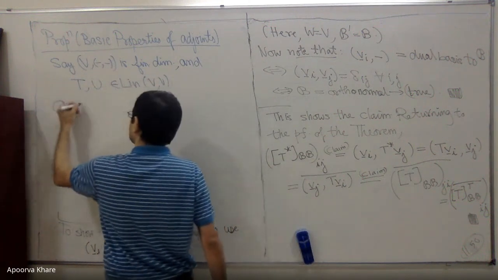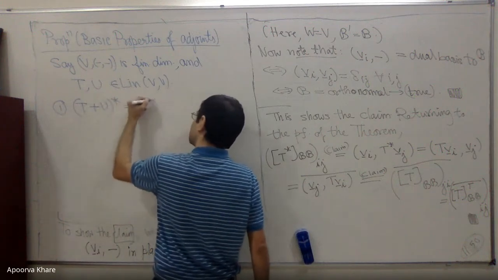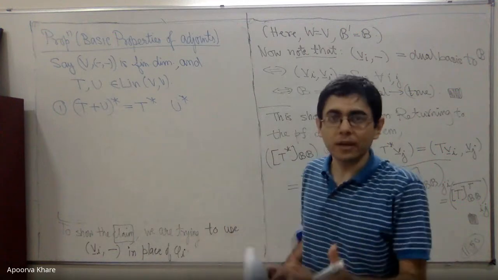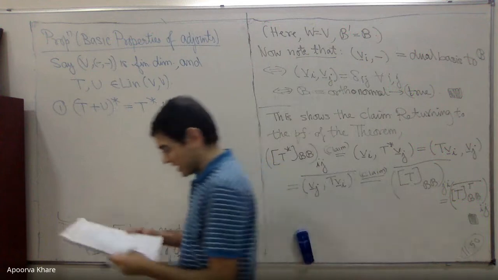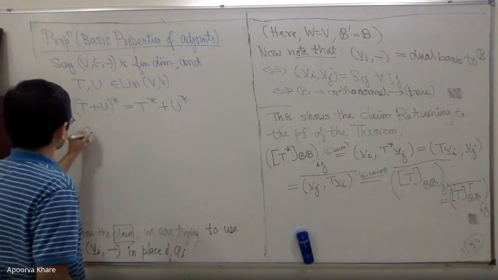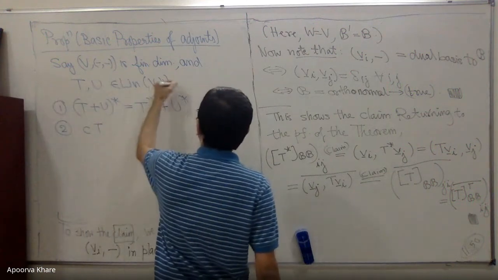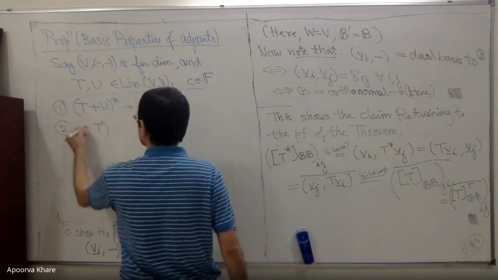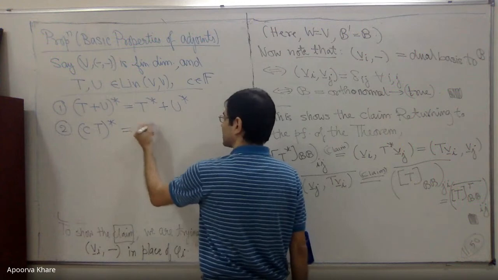Okay, so one, (T plus U) star. So T plus U adjoint is T adjoint plus U adjoint, and of course, as you can expect, it is exactly what it should be. Second, if you look at any scalar multiple, say c belongs to F, and then the adjoint of that, again, that is pretty much what you expect.